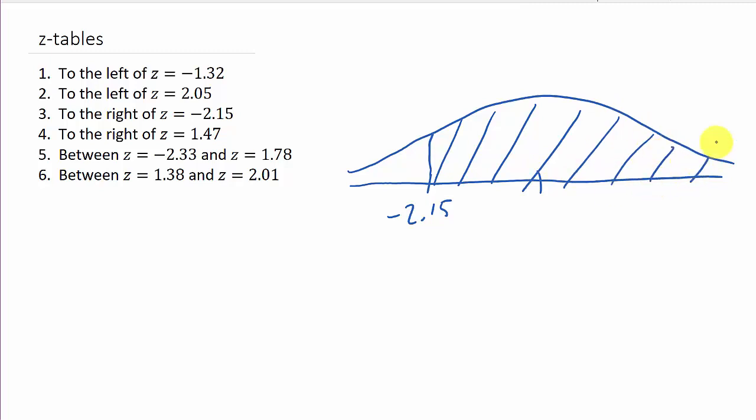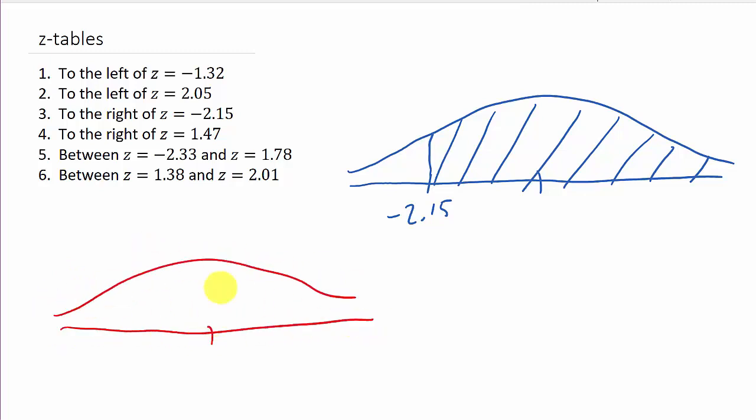Remember, the table doesn't have the negative values, so I'm going to have to look up the positive. If we look up the positive 2.15, that gives me this area here, which is the same as the negative 2.15, since the distance from here to here is the same as from here to here.